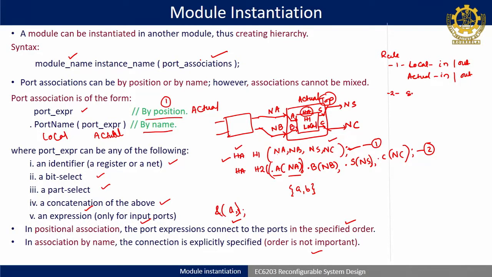Second is the size of the expression you have defined; that size should be the same. While mapping here, you see NA is 1 bit, NA is 1 bit, in this particular case all are 1 bit. So you can't take A as 1 bit and NA as 3 bit. There are exceptions, we will see in future slides, but you try to maintain that if A is 4 bit, NS should be at least 4 bit.